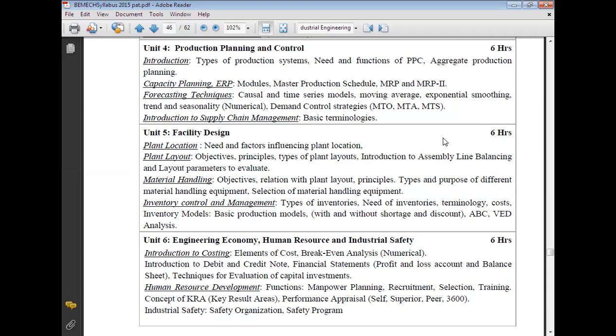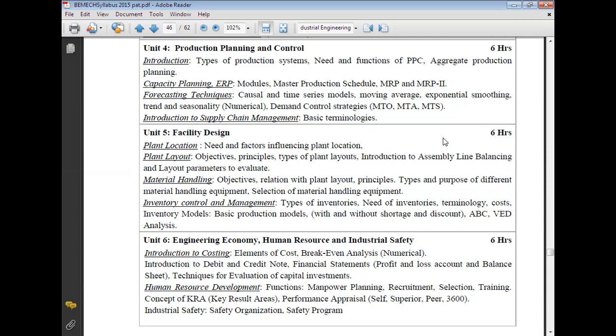Then introduction to debit and credit note. That is what we will be discussing. Financial statements in which profit and loss account and balance sheets will be there. Different techniques for evaluation of capital investments. That is what we will see.